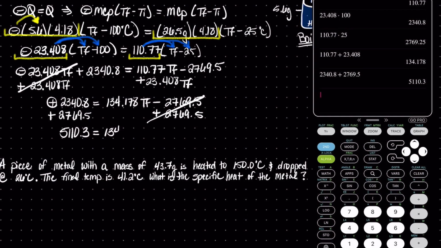Hopefully, so far, your work is checking out just the same. Now to isolate this, I'm going to go ahead and divide. That cancels. I'm going to take that divided by a whopping 134.178.